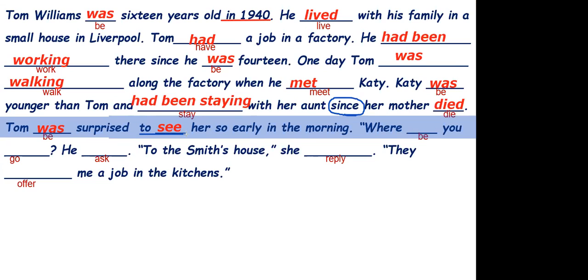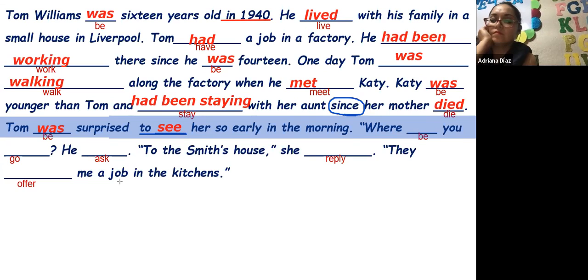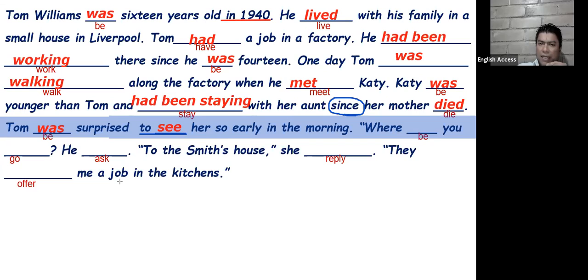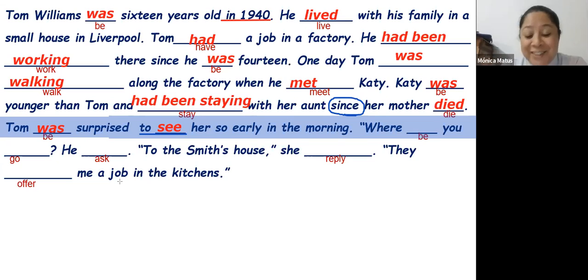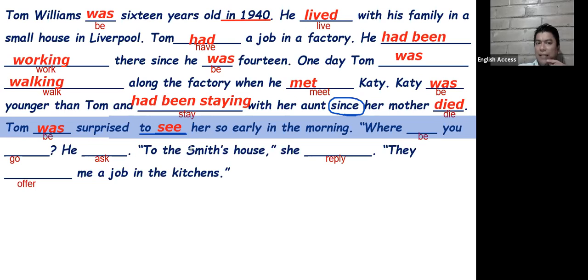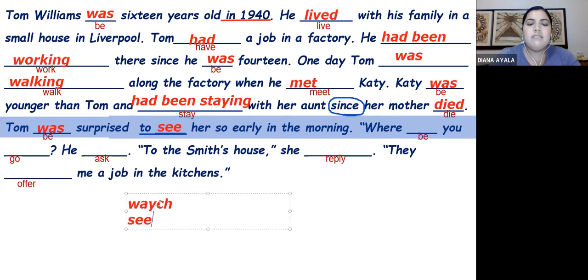But why not watch? Because I don't know if I learned it in the right way. Watch is specifically when you are checking something on a screen. Is that correct? Yes, but I missed the first part. Can you repeat the first part, please? I don't remember. He says that it is possible to use watch instead of see, for a specific thing on the screen. I didn't catch everything, but I think the question was if we could use watch instead of see.